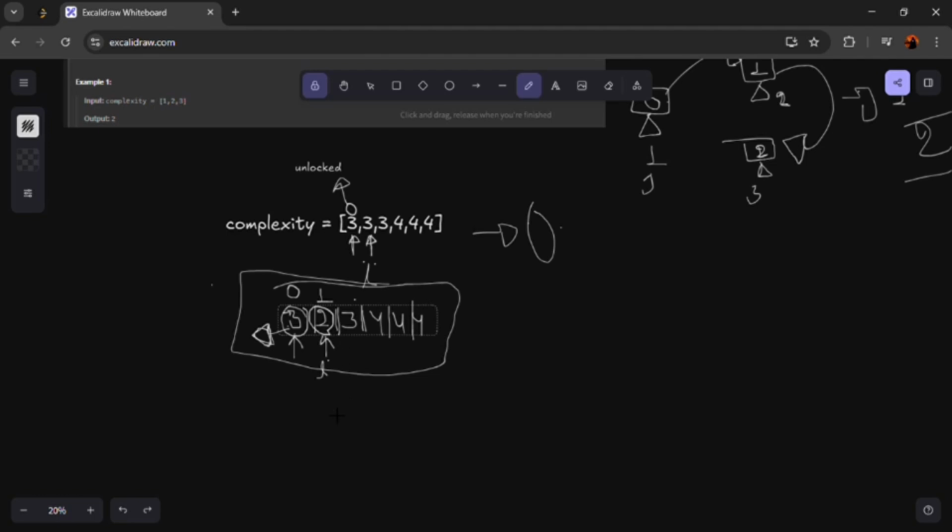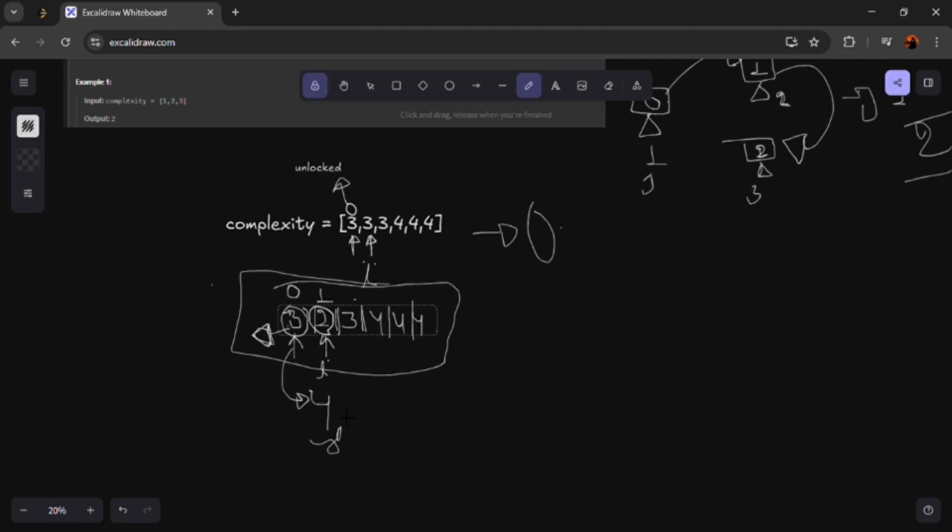Okay, like 4, there is a number like 4. Instead of 2 I take 4. Now here 3, this 0th computer can unlock 1. Okay, can unlock 1. Okay, it unlocks the first computer.